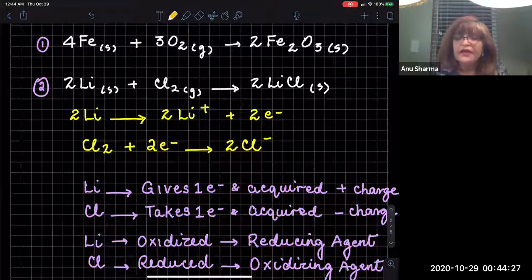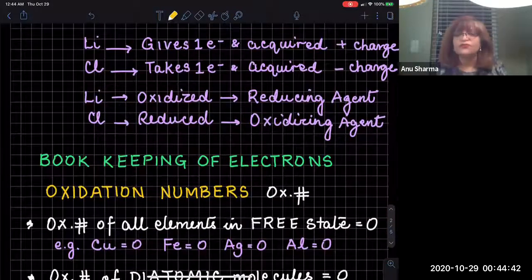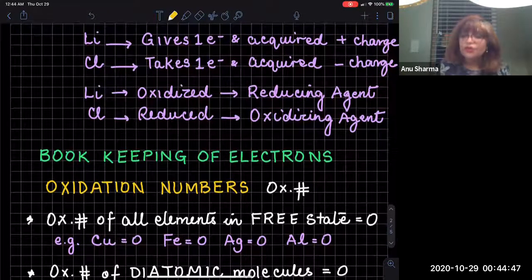On the other hand, chlorine is going to acquire those two electrons. So chlorine acquires a negative charge. So here, lithium gives away one electron and acquires a positive charge, and chlorine takes in one electron and acquires a negative charge. Therefore, lithium is oxidized and chlorine is reduced.